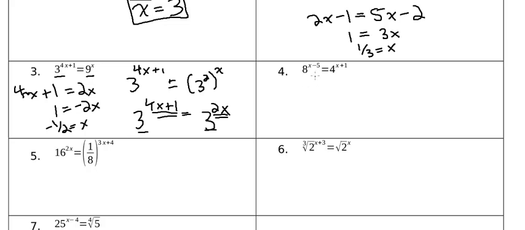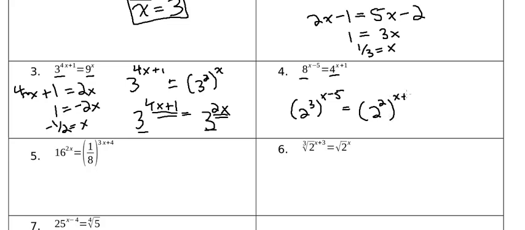Okay, let's see how you did. So this time the bases aren't the same. Now, there's no way to write 8 with a base of 4, and there's no way to write 4 with a base of 8, but I can write both of these with a base of 2. 8 is 2 to the 3rd. 4 is 2 to the 2nd.